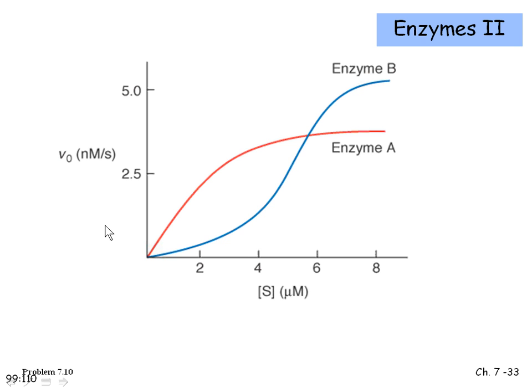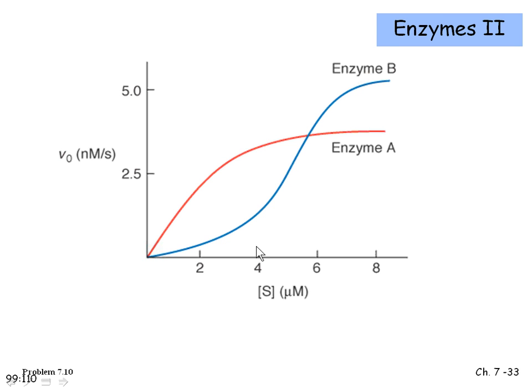So which one has the higher Vmax for the easy one first? B, okay. Which one has the higher affinity? And why does it have a higher affinity? It takes less substrate to get to that half maximal concentration.